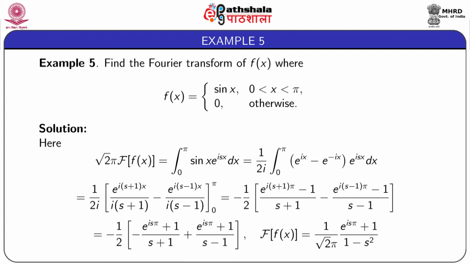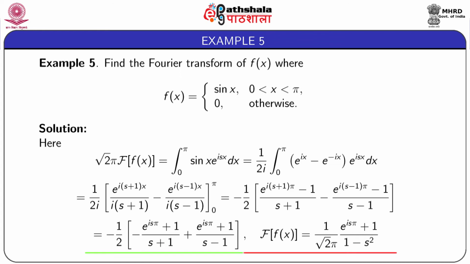This integral can be evaluated and we get the result 1 by 2 I, e to the power I (s plus 1) x by I (s plus 1) minus e to the power I (s minus 1) x by I (s minus 1), from 0 to pi, that is equal to minus half i times e to the power I (s plus 1) pi minus 1 by s plus 1 minus e to the power I (s minus 1) pi minus 1 by s minus 1, which is equal to minus half i times minus e to the power I s pi plus 1 by s plus 1 plus e to the power I s pi plus 1 by s minus 1.